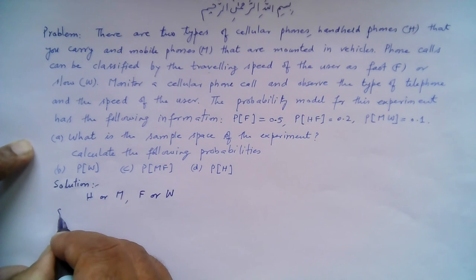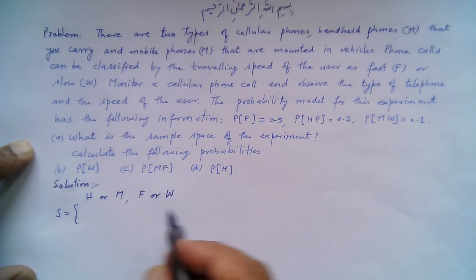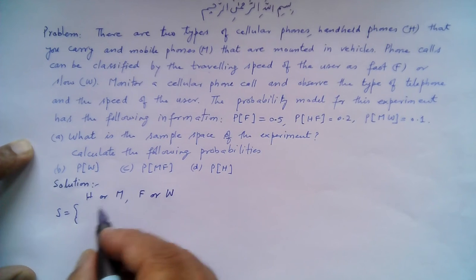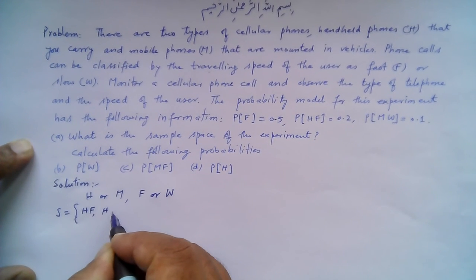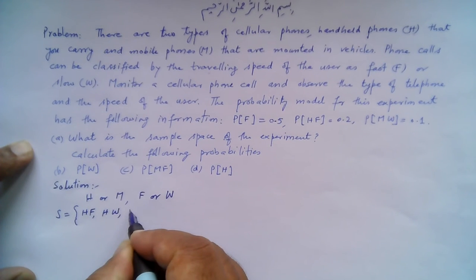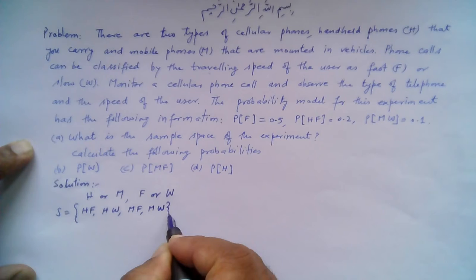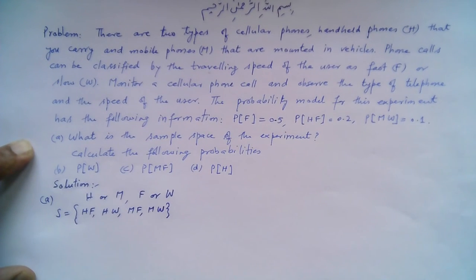So the sample space has four elements. Handheld phone which is fast, handheld phone which is slow, mobile phone which is fast, and the mobile phone which is slow. So this gives us the sample space of the experiment.